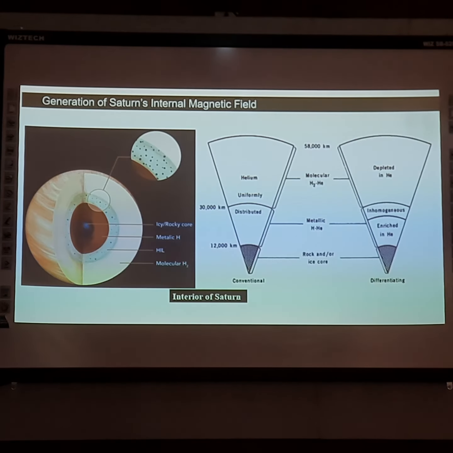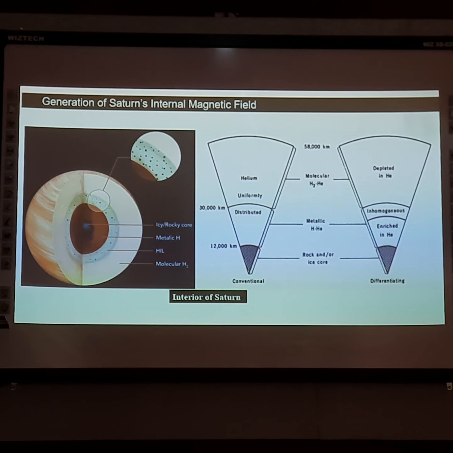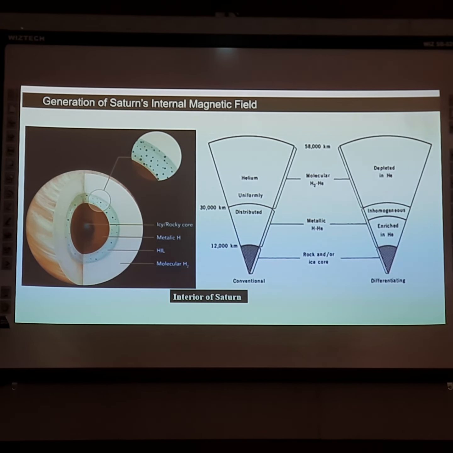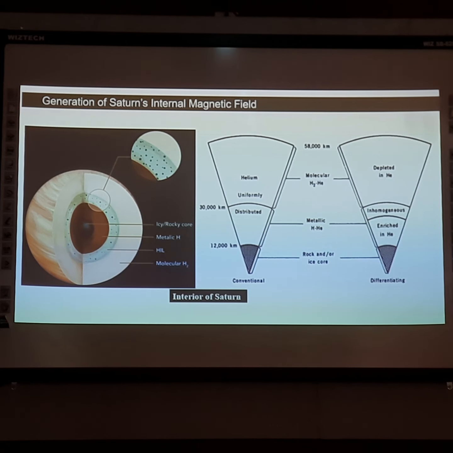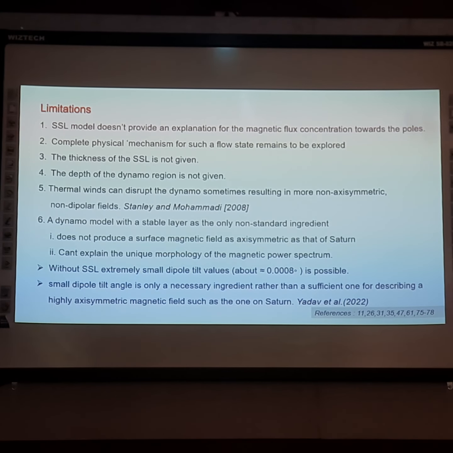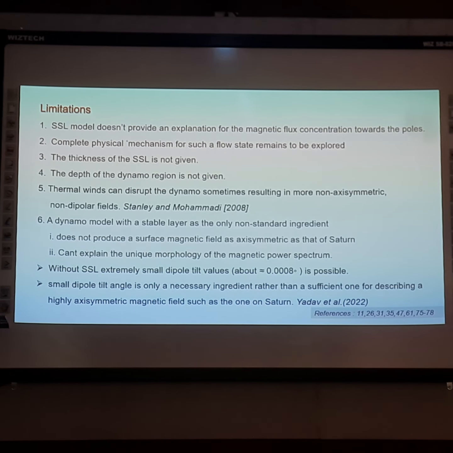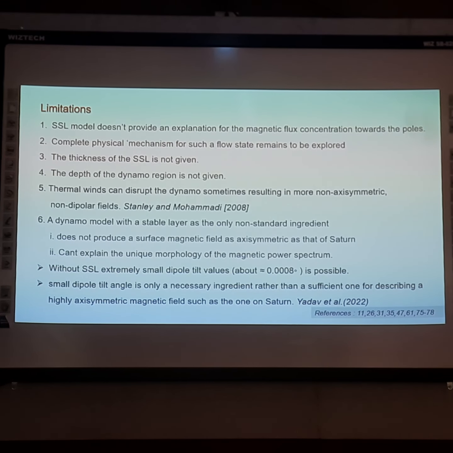So then I'm just giving again here the pictorial representation of what is going on inside, how the inner core of Saturn is divided and how they create the magnetic field. Then the limitations of this model are many. It explained three of them, but there are limitations and discussions for modern days.